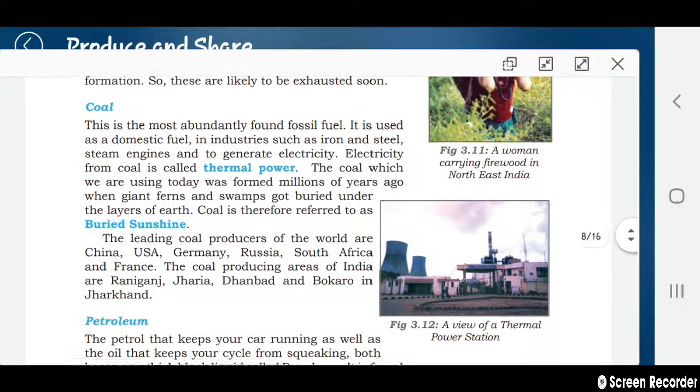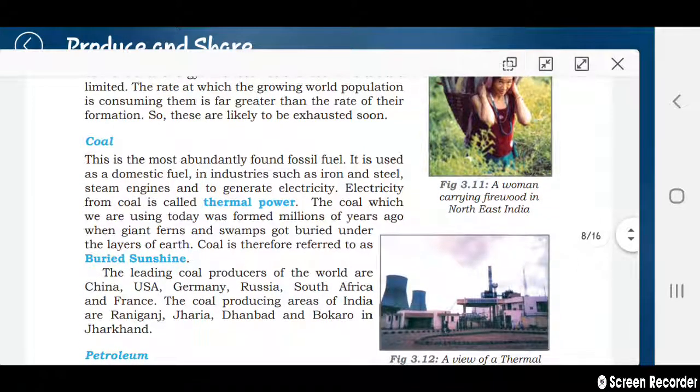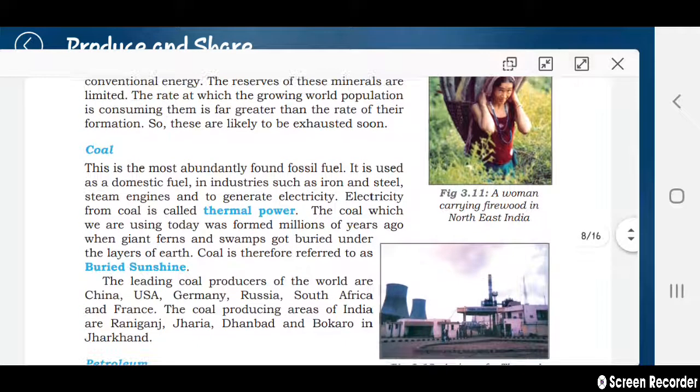The first fossil fuel is coal. This is the most abundantly found fossil fuel, and it is used as a domestic fuel, in industries like iron and steel, in steam engines, and to generate electricity. Electricity from coal is known as thermal power.